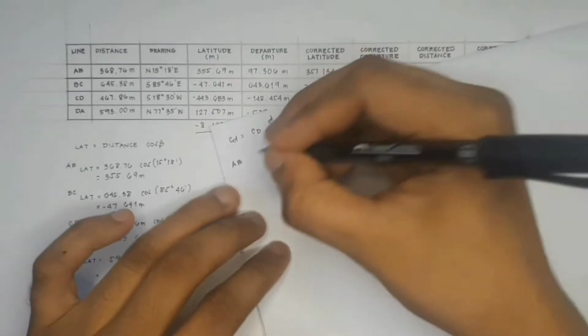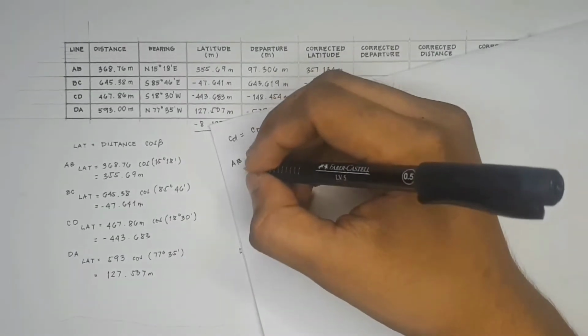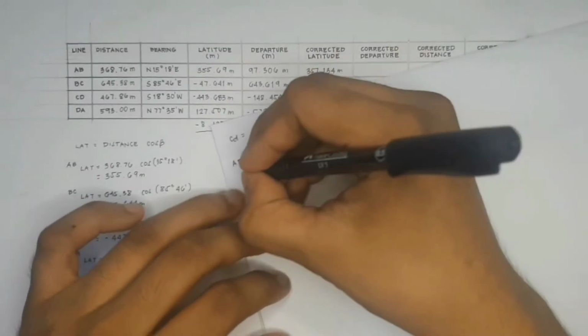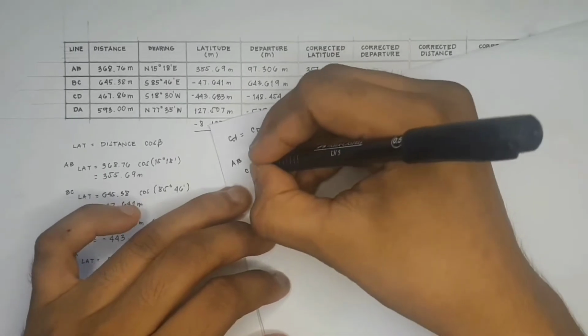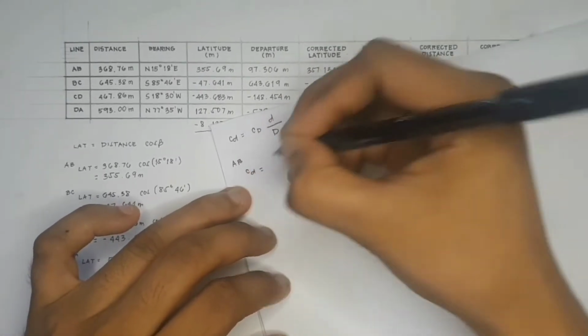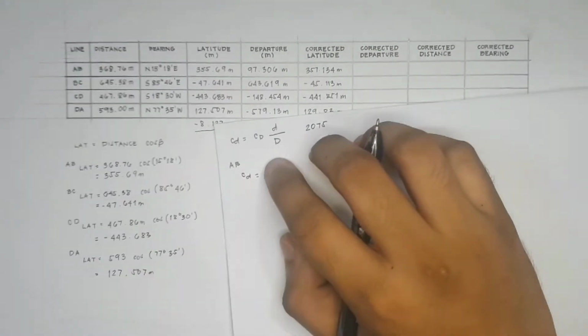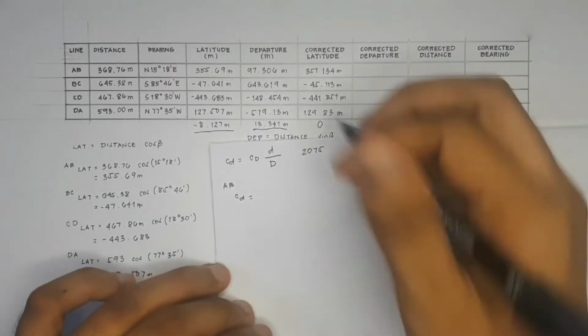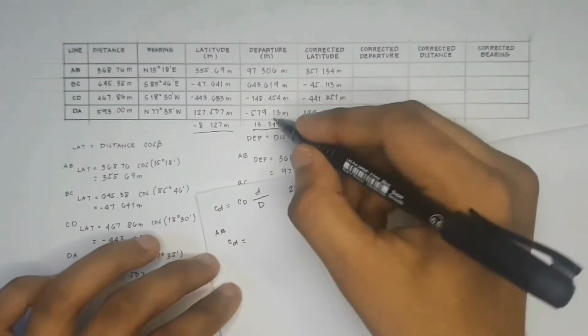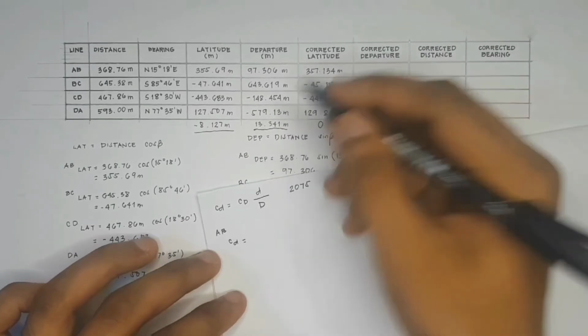So we have here the correction along the departure of line AB is equal to the total error of closure in the departure. This is our total error of closure, this one.